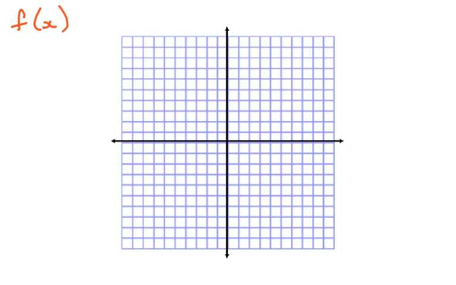We had a point at -4, 6, -3, 0, 0, -6, 1, -4, 2, 0, and 3, 6. So, as you can see, it's a rather standard parabola.